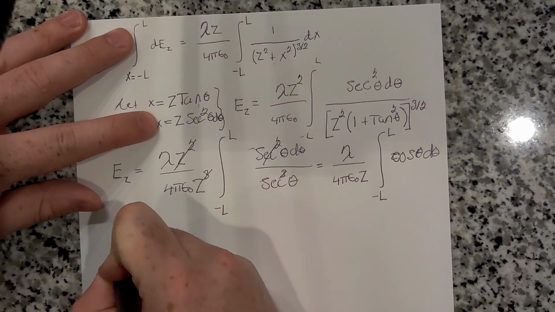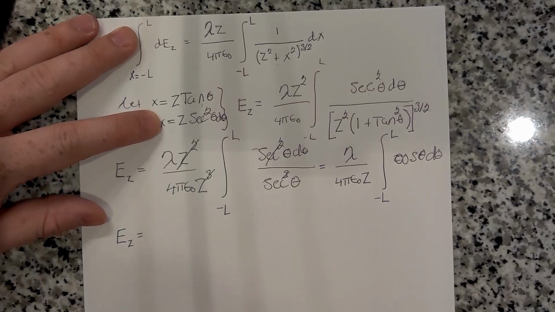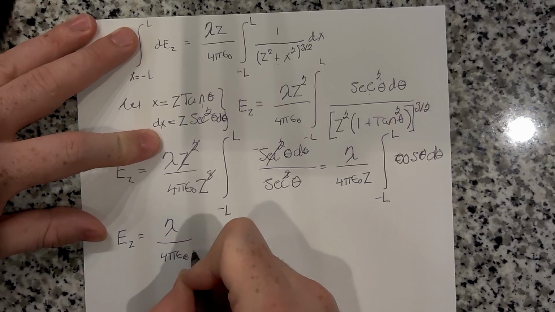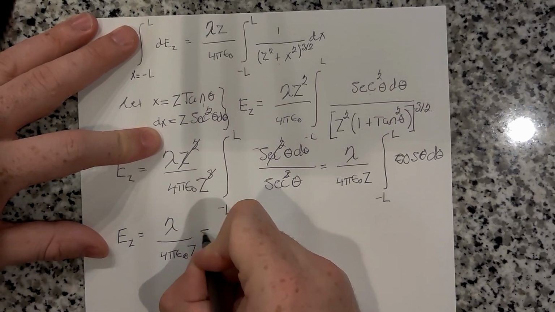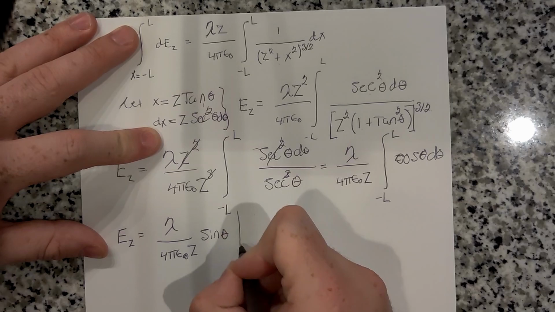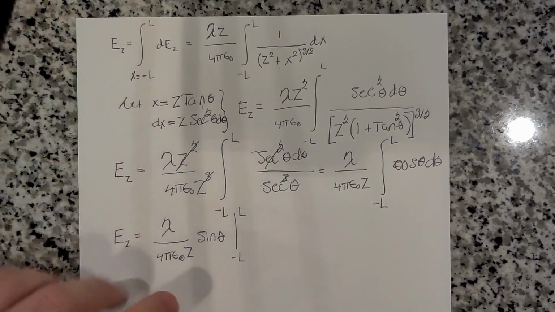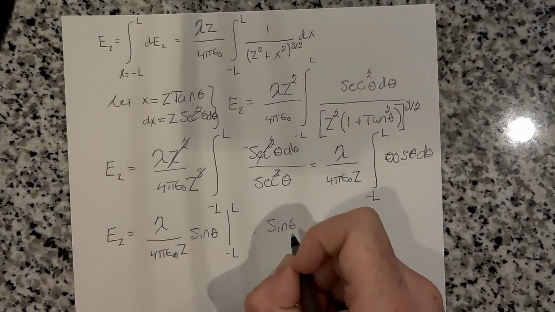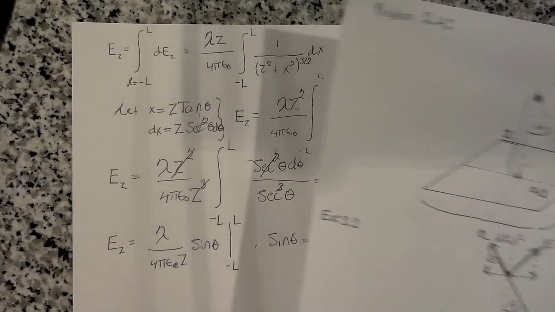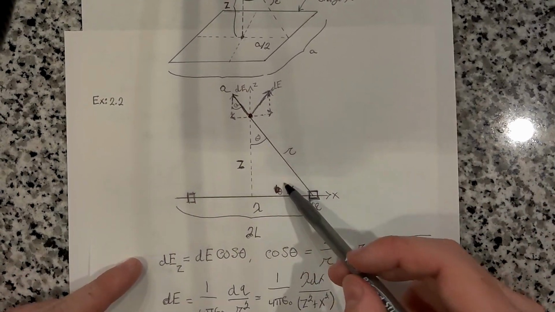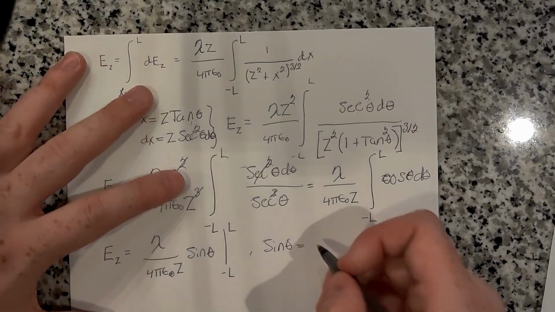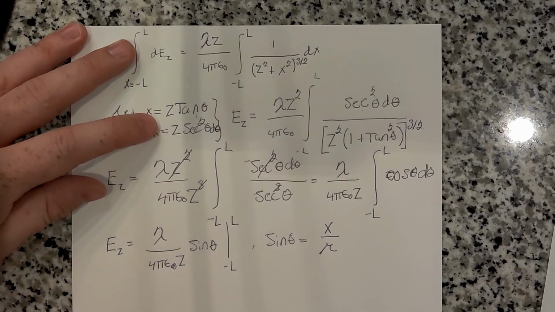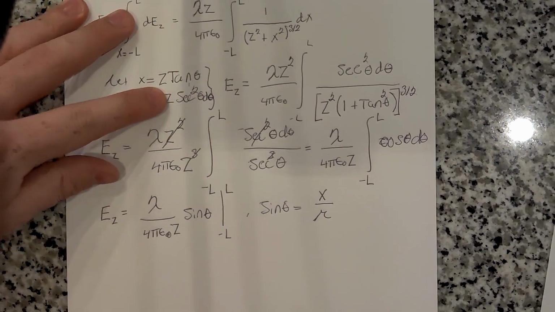So we have Ez is lambda over 4 pi epsilon naught z, sine of theta evaluated between L and minus L. However, what is sine of theta? Sine of theta, from our picture, is x over script r. Okay, and where script r is the square root of x squared plus z squared.